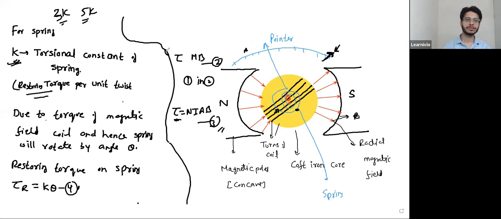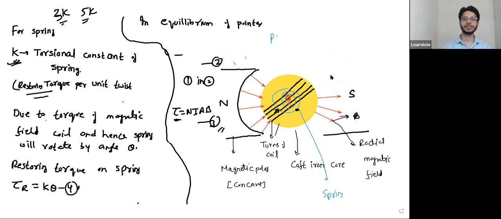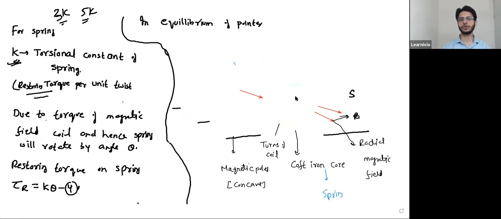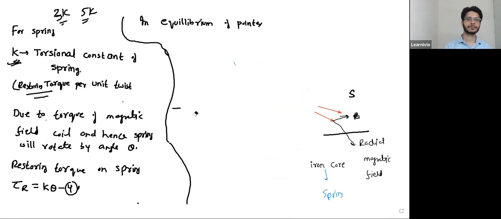Another torque is this restoring torque, which is trying to stop this spring from rotation. What happens when this pointer stops, in equilibrium of the pointer? These two torques will balance each other. Which two torques? Torque due to the magnetic field and that restoring torque.